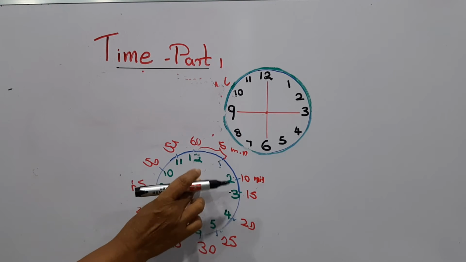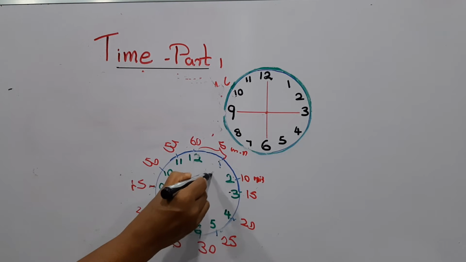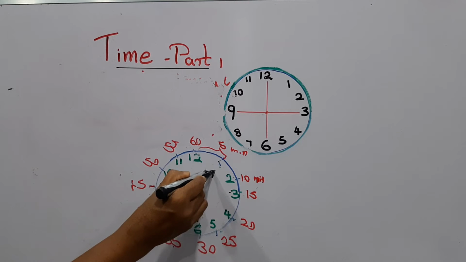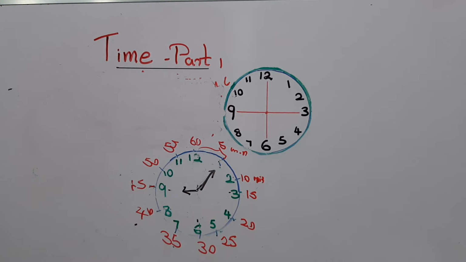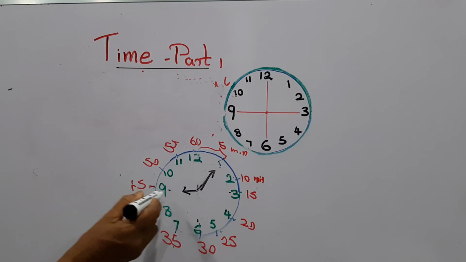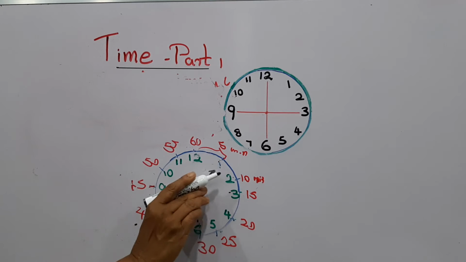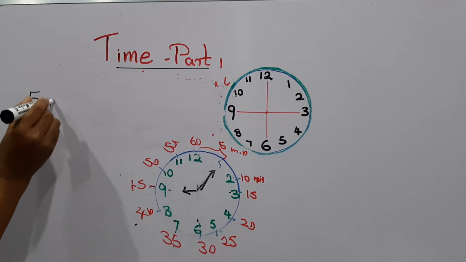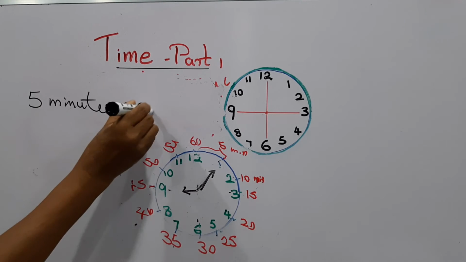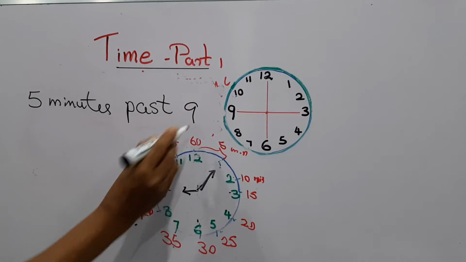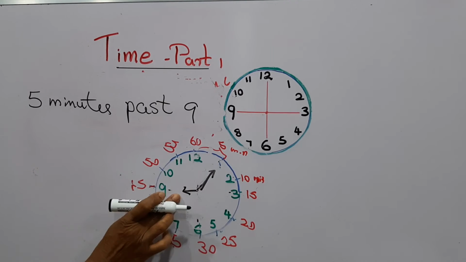We'll think the minute hand moves from 12 to, now it is pointing towards 1. Now the time is, yes, how many minutes passed? 5 minutes past 9. Now the time is 5 minutes past 9.